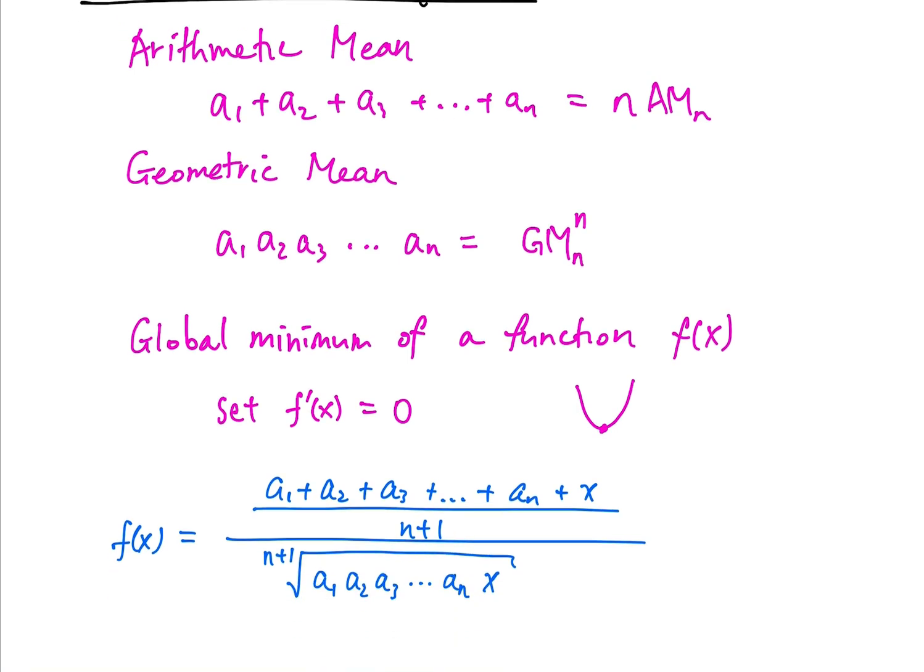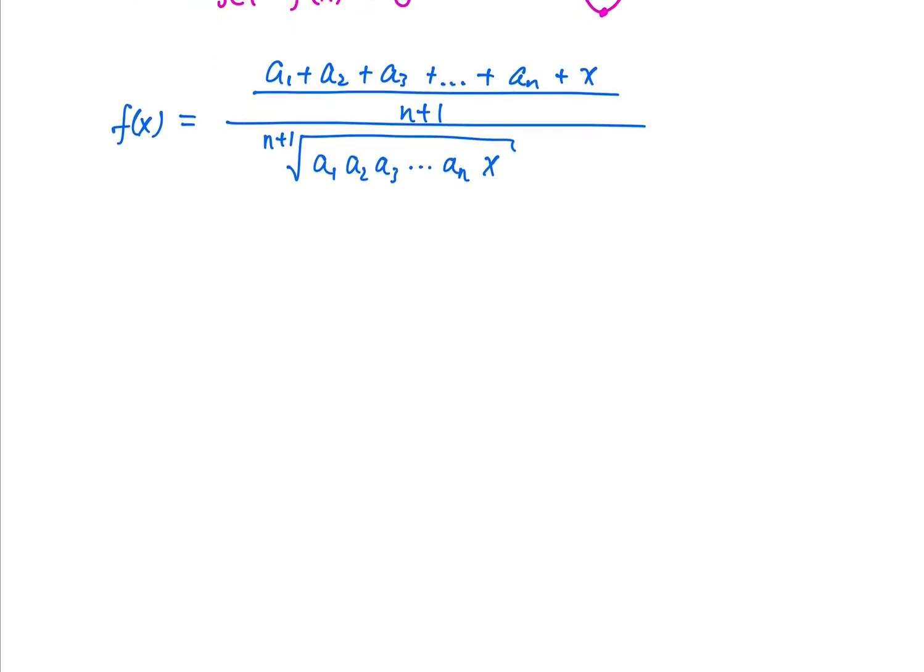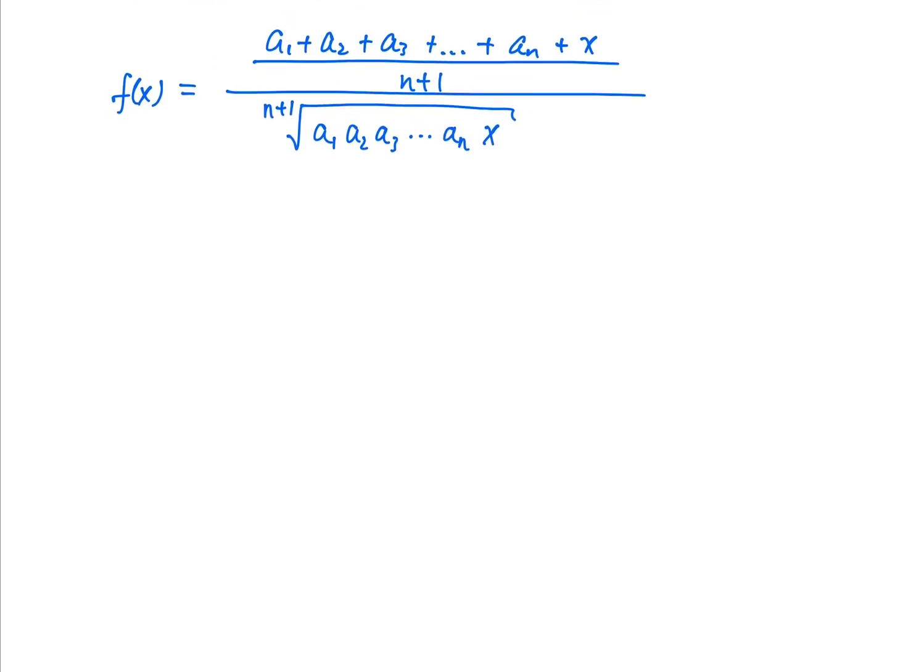So the function that we are going to consider is the following function in blue, which is a complex fraction. As we just mentioned, we need to find the first derivative of this function. But before differentiating this, we can make a little bit of simplification or rewrite the expression.